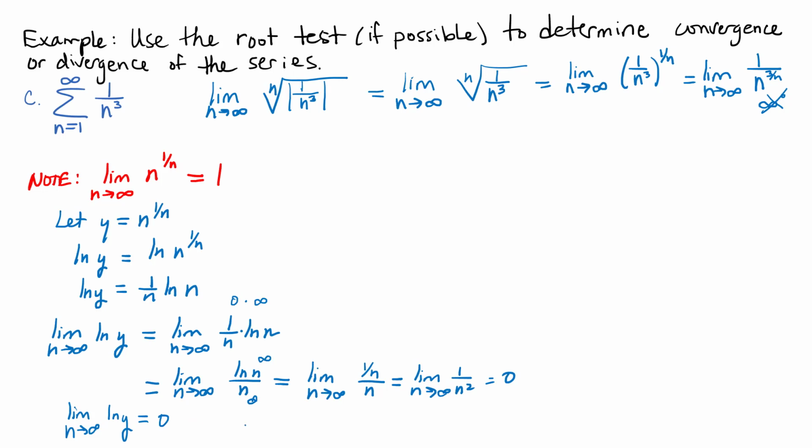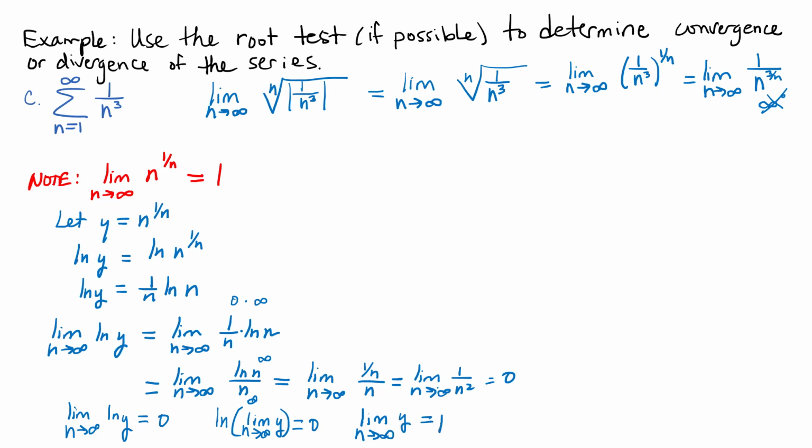But that's the same as saying the natural log of the limit as n goes to infinity of y equals 0. So if we're taking the natural log, or log base e, of some number and get 0, then that number has to be 1. So that means the limit as n goes to infinity of y is equal to 1.